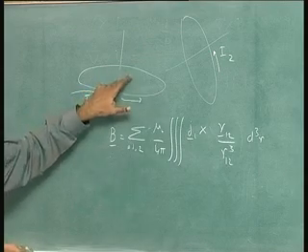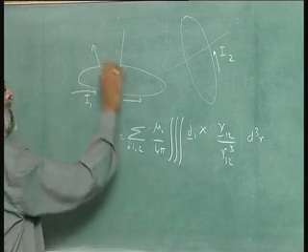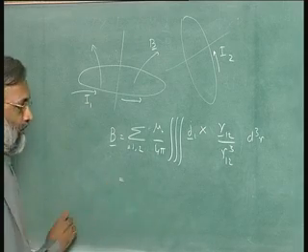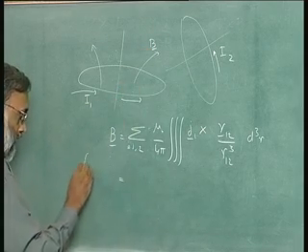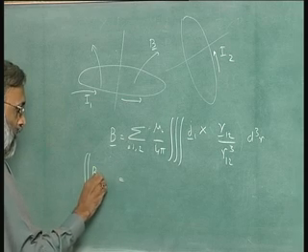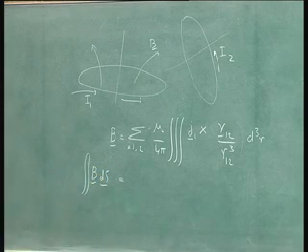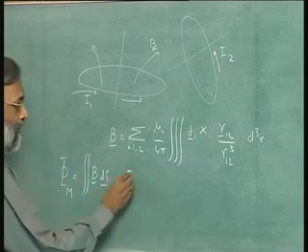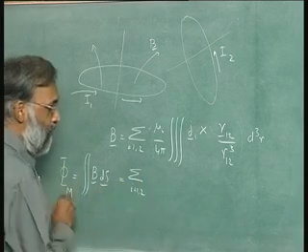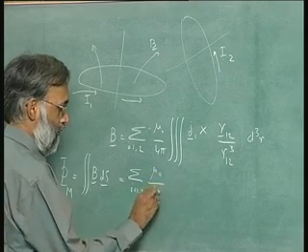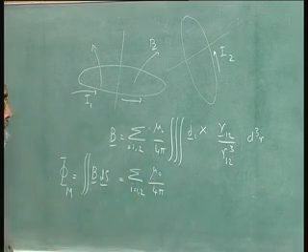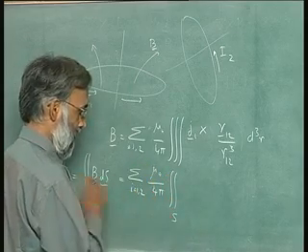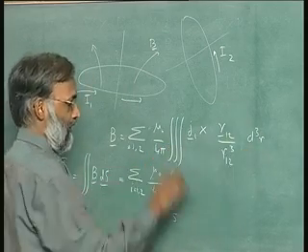So, the magnetic field here is, or rather if I take the surface integral B dot ds, so this is the total magnetic flux, it is going to be equal to the sum over I equals 1, 2 of mu naught over 4 pi integral over the surface of this quantity.